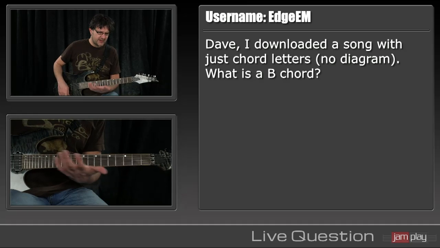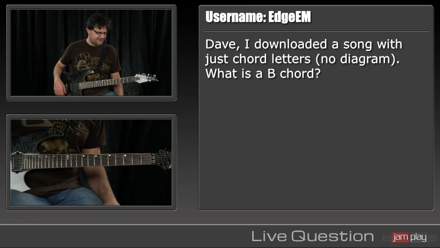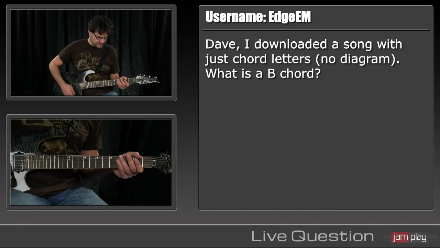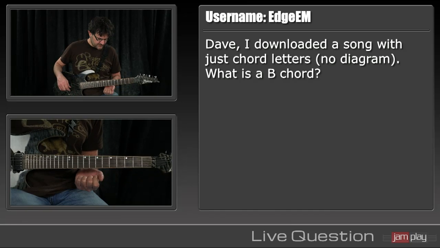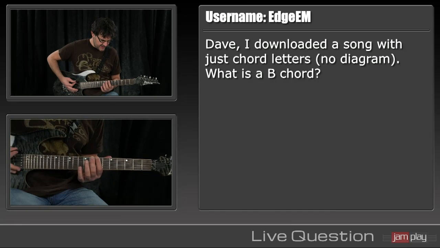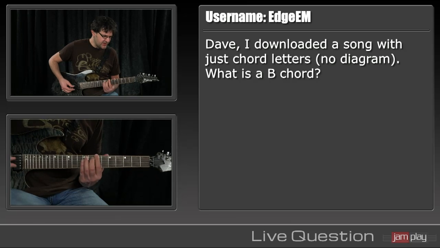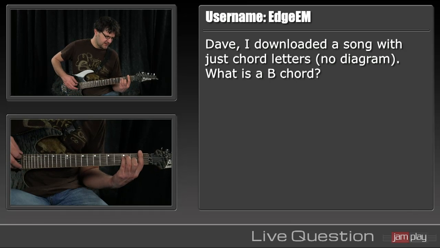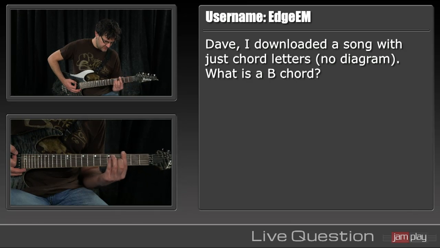So there's several ways to playing that, but you could play it with a bar if you want, the root on the low E string, 7th fret. And if you know your F chord, it's exactly the same shape, but you move it to the 7th fret.